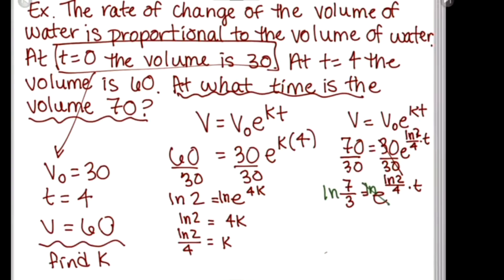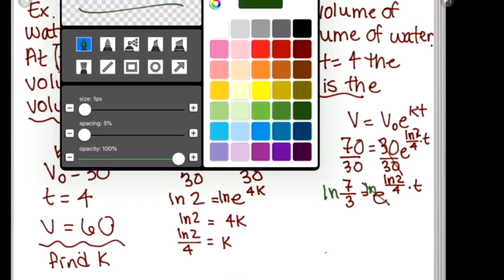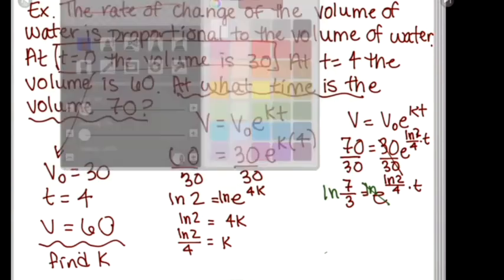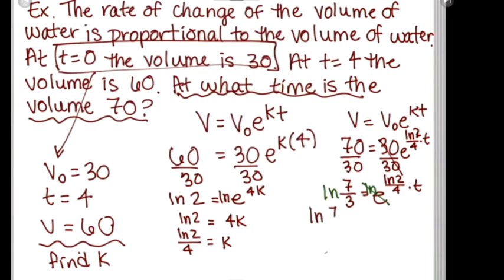Now those cancel. So we have ln of 7/3 equals ln 2 all over 4 times t. Okay, so to get the t by itself, what my Algebra 2 kids know is to get rid of a fraction coefficient, we multiply by the reciprocal.